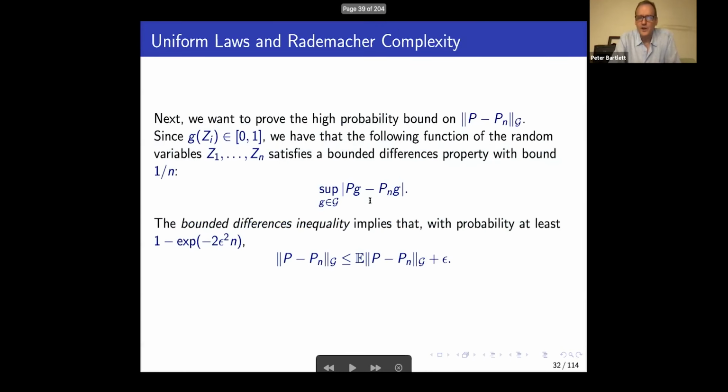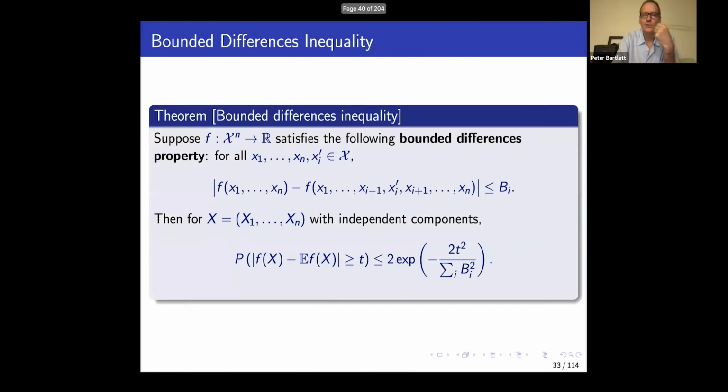So first of all, we're thinking of this random variable as some function of the independent Z1 through Zn. You take the Z1 through Zn and compute this number, the max over G of the expectation of G minus the average on those Z1 through Zn. So that's a function, and the crucial property here is that the function doesn't depend too much on any one of those Zi's. Okay, so what does that mean?